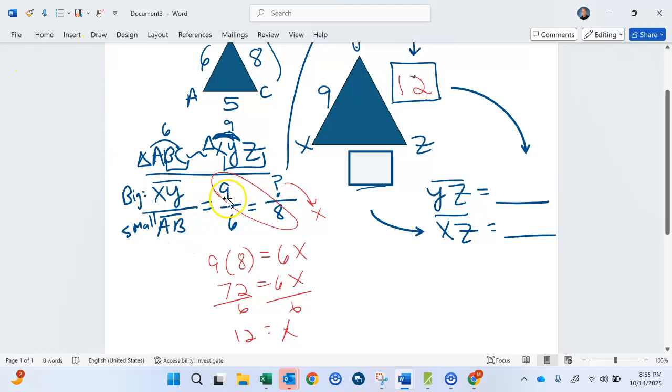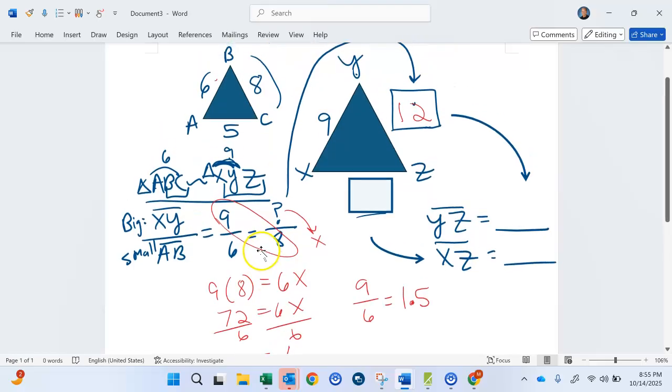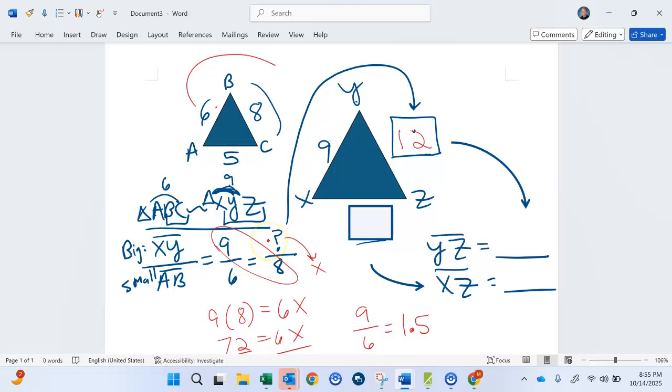Another option is we can go 9 divided by 6. If we use our calculator, we get 1.5. Then we could say 8 times 1.5, on a calculator, also equals 12.